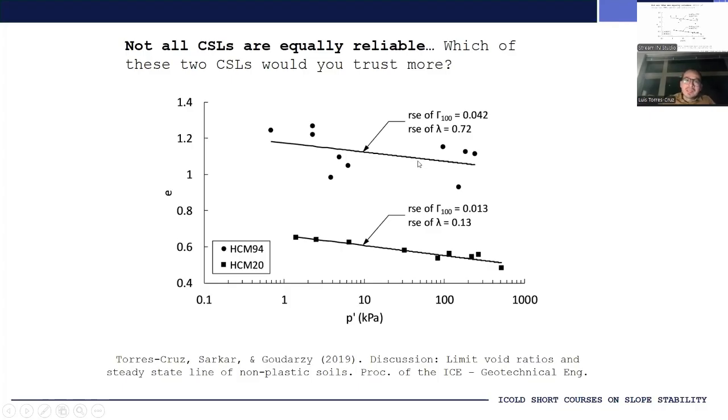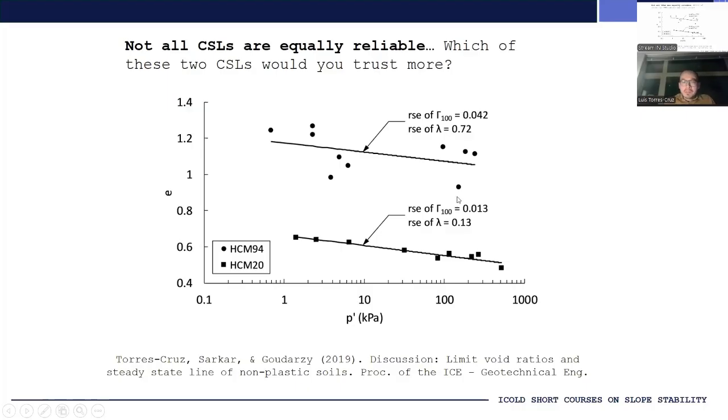However, we lose sight of the fact that that best fit is based on these points, and that those points have a certain level of scatter, and that scatter affects the confidence that we can have on the value of lambda and gamma that we obtain from the best fit.